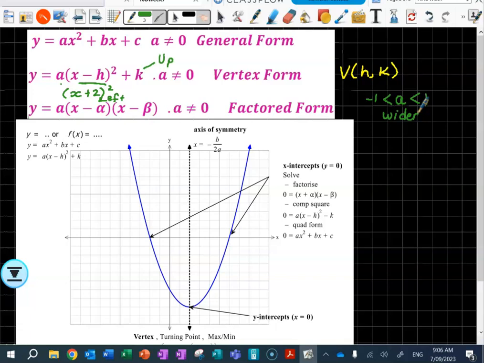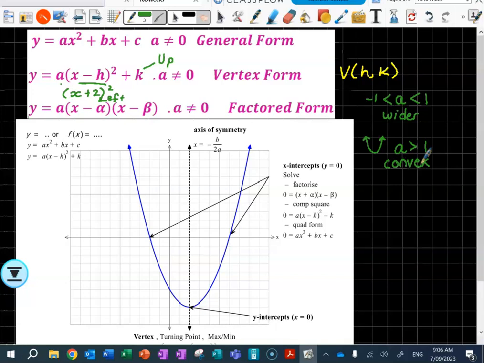Fantastic. Concave or convex. So remember, this one is called convex. And this is when it's greater than 1. These should all be in your notes already. As I said, apart from the writing on the board, this is all in your OneNote also.